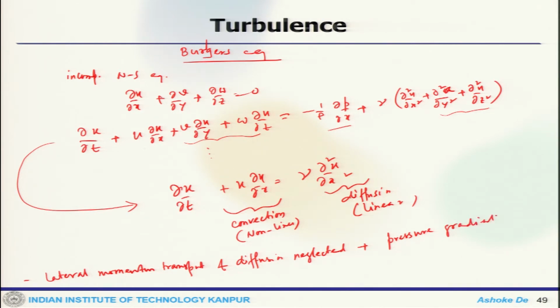Once we neglect these terms, we get this set of equations, which is known as the Burgers equation.